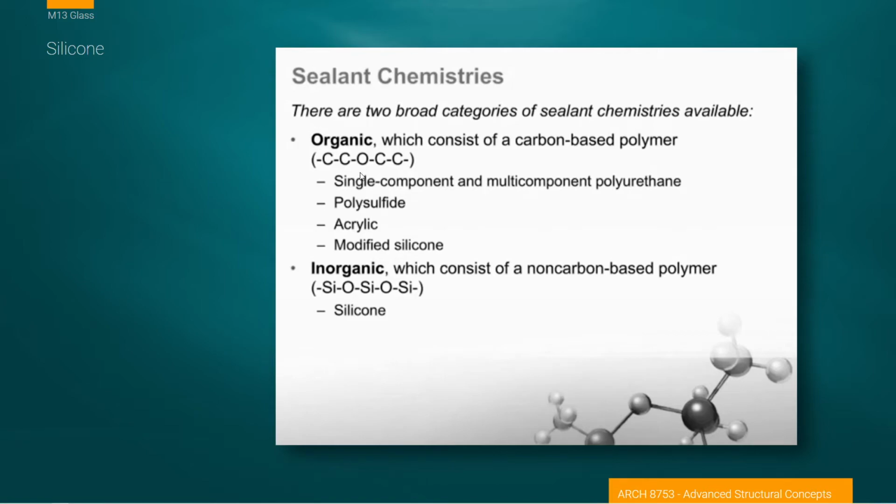This is a Dow sealant presentation that I stole some slides from. And we're looking at this idea between organic and inorganic sealant chemistries. And most of these can be high performing, but none of them will be as high as pure silicone. And this idea of carbon-based, organic-based polymers is where longevity issues become critical.